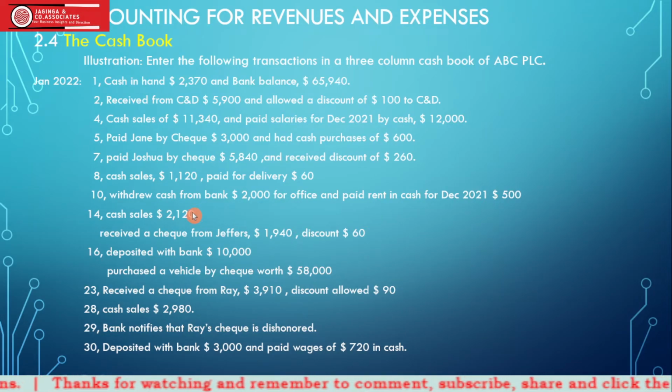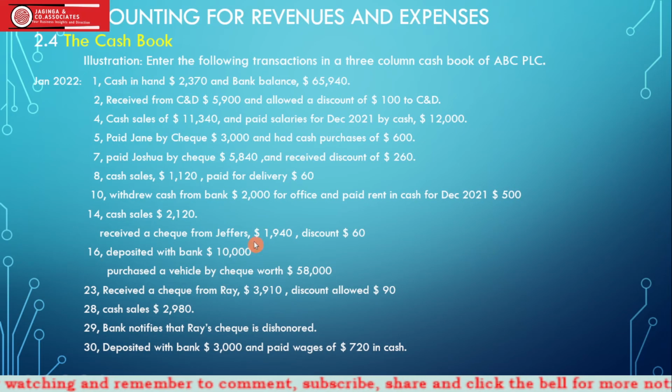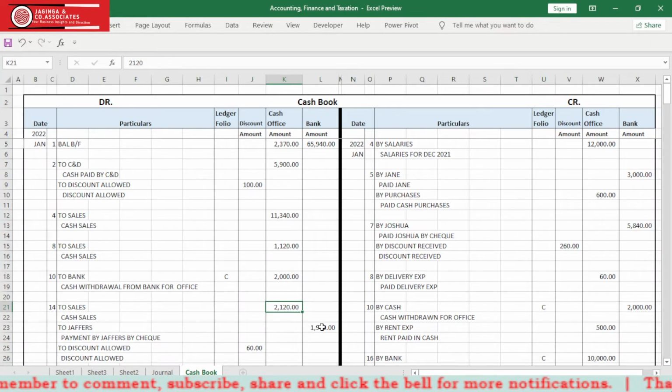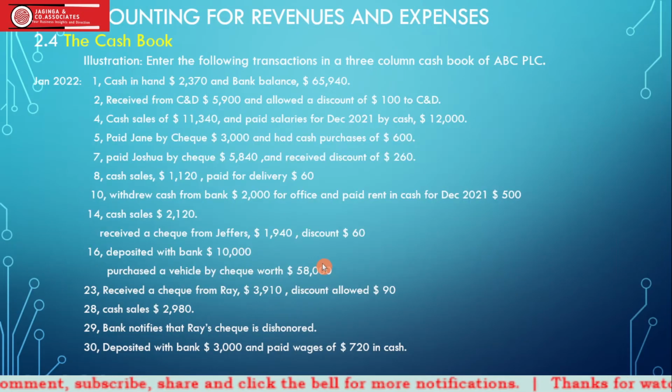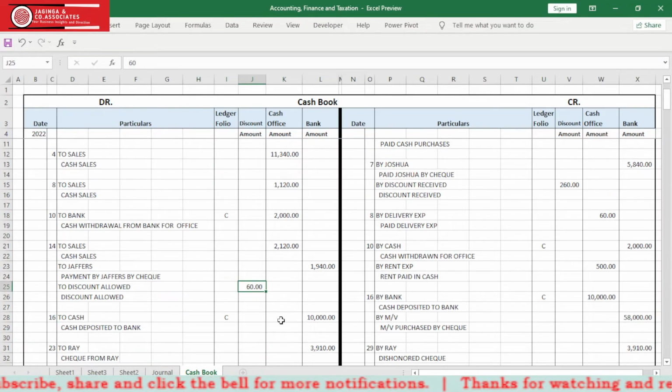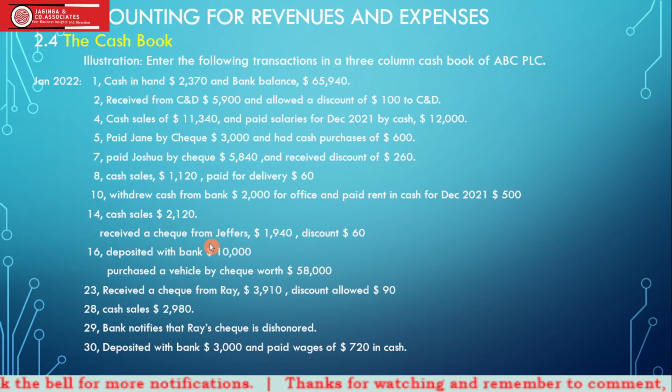And then cash sales was 2120 on 14th. 2120 cash sales is okay. And then we received a check from Jeffers 1940 and allowed him a discount of 60. Deposited with bank 10,000. There's a contra entry of 10,000. Deposited in bank, and then this other side, the amount was taken from cash account.